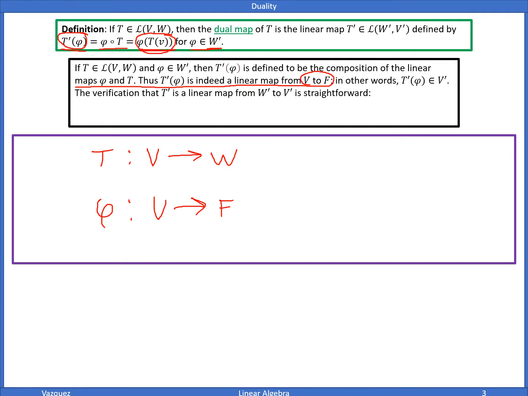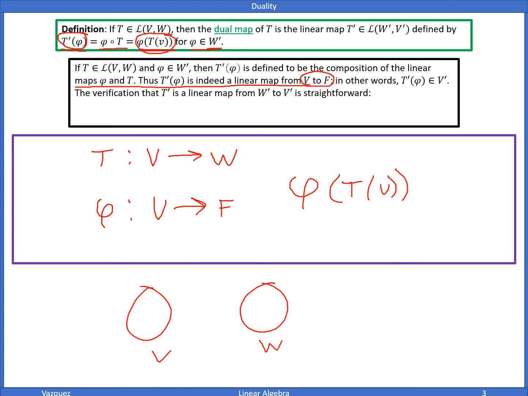So if we do phi of T of V, we get that we're mapping V to W. And then here, phi I'm going to call W because it's now our new domain. We get this element and map it to F. And that is what the dual map does.